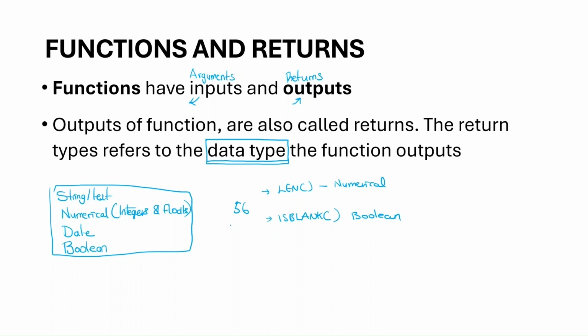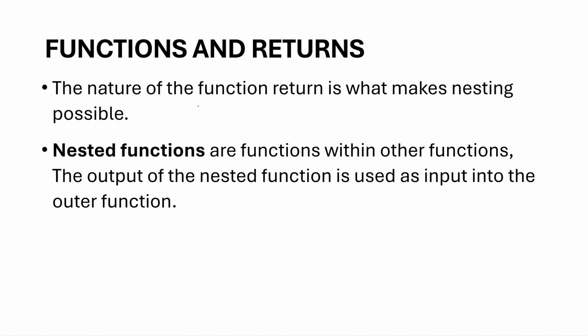Now, why is this important? The nature of the return type is important because it makes nesting possible. Nesting is the act of putting one object into another. Based on that, nested functions are functions within other functions, such that the output of the nested function is used as input into the outer function.